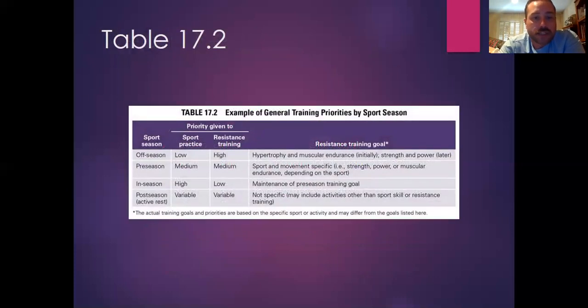So when we look at this, again, we've talked about this during the off season. So you're not doing a lot of sports practice. Generally, it's typically your resistance training or your training period. The biggest goal typically is going to be hypertrophy and muscular endurance at the very beginning. What does that mean? It means that we want to build more lean mass and make the musculature a little bit more enduring, be able to handle what we need to put onto it, right?